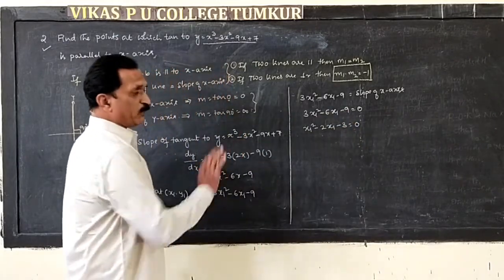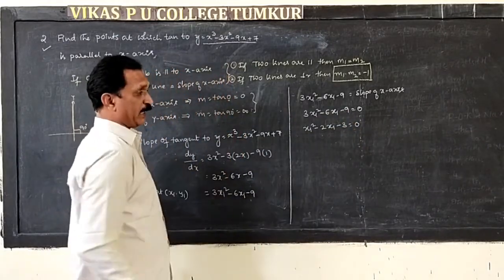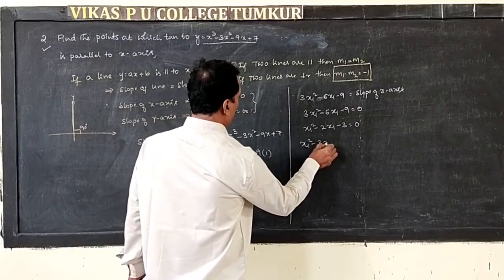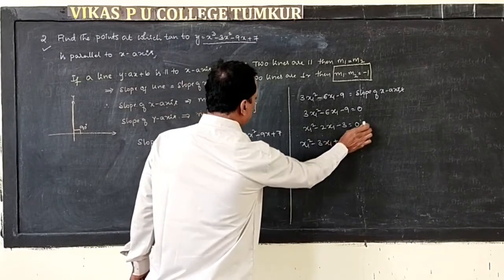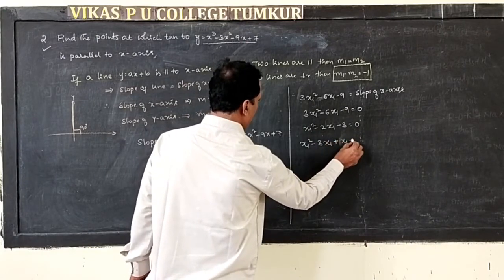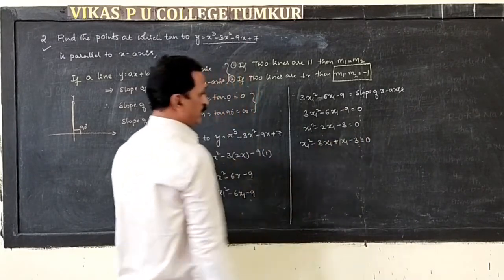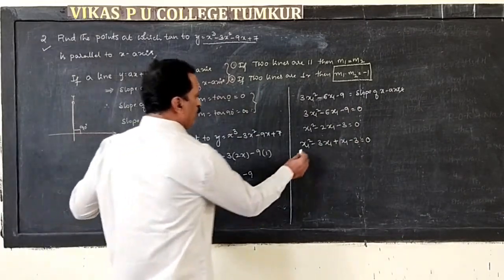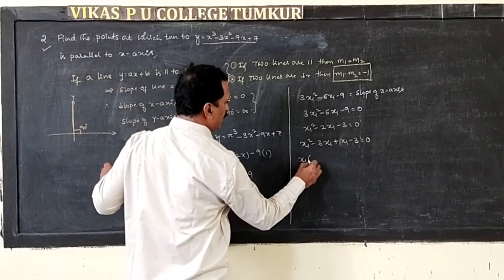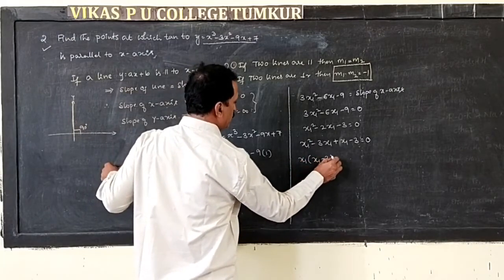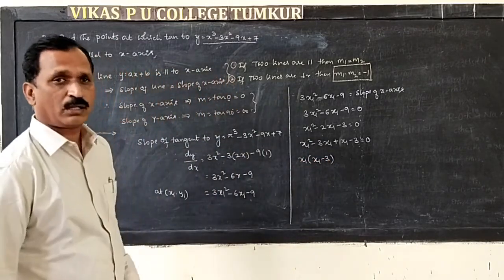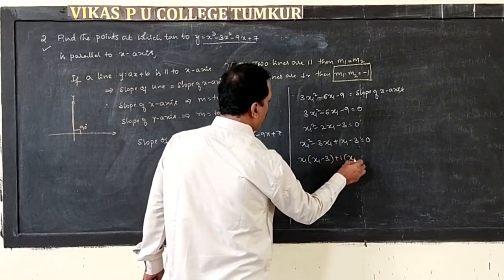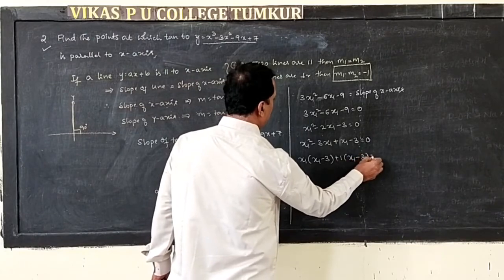Now let me solve this equation. This is a quadratic equation. I will write the equation like this: x1 square minus 3x1 plus x1 minus 3 is equal to 0. Factorize the quadratic equation. Taking x1 common, x1 minus 3; taking plus 1 common, x1 minus 3, equals 0.